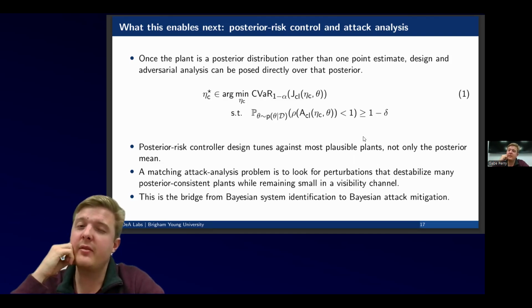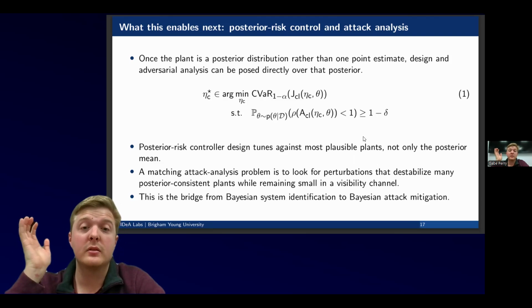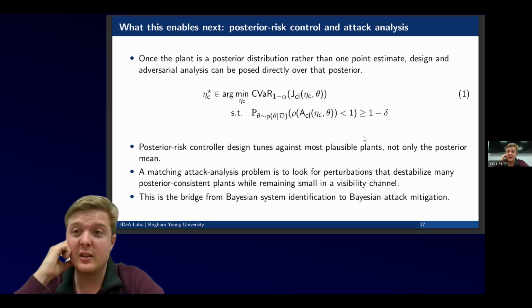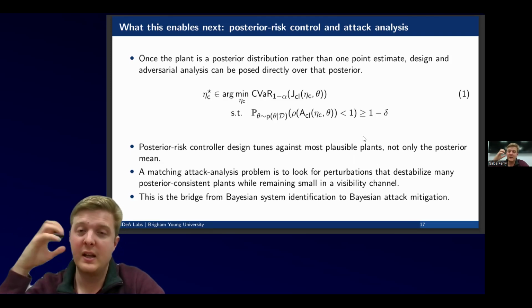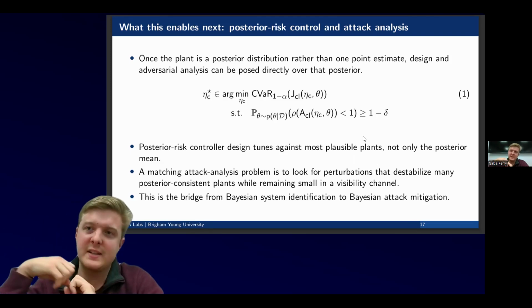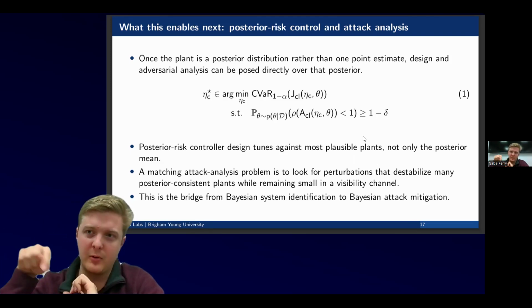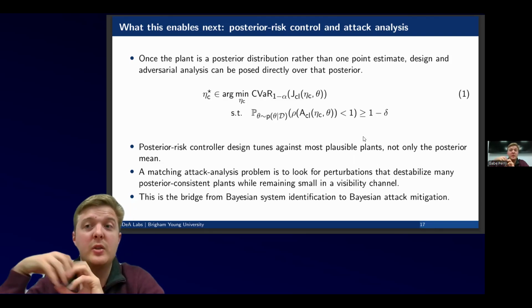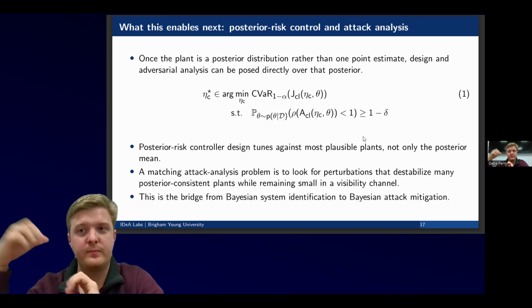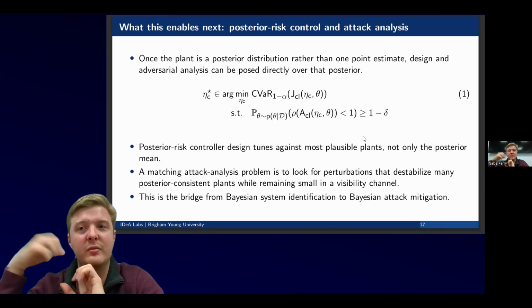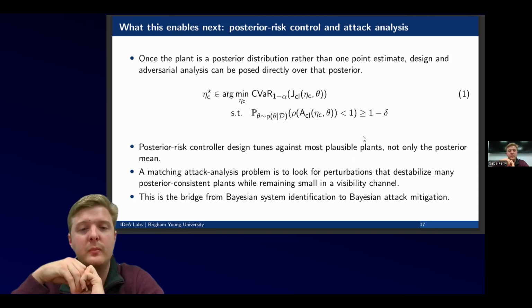And it's actually fairly simple to make the extension, just by using the same tools that we've been using in robust analysis. Only the same idea, that instead of using a ball in Hilbert space around a nominal plant, we use the posterior distribution as our set of potential plants.